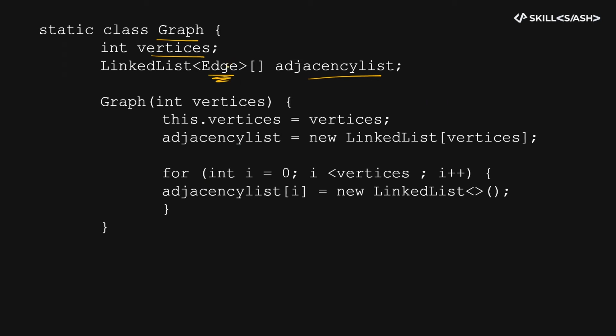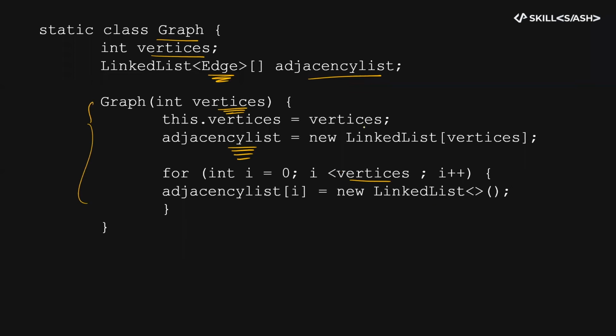Okay, and let's say you have X number of vertices. You define the number of vertices like this. You create an adjacency list. Initially, everything is empty. So when you define it in a constructor, for each and every node, you create an empty linked list.